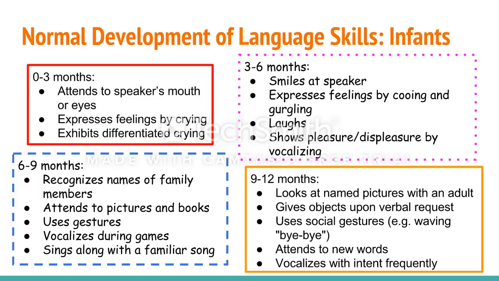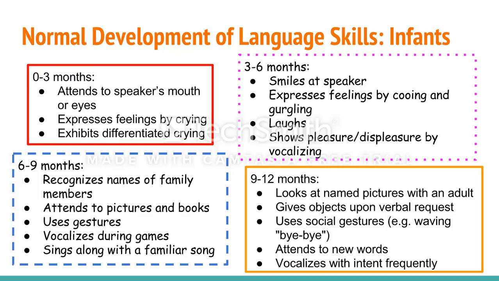From 6 to 9 months, they will recognize names of family members. They will attend to pictures and books. This is why books are very important to read to your child. They will use gestures, and they will vocalize during games and sing along with a familiar song. From 9 to 12 months, they look at named pictures with an adult.